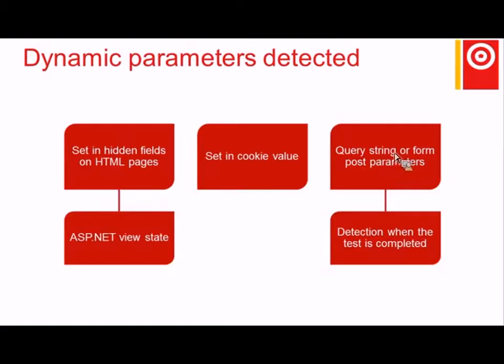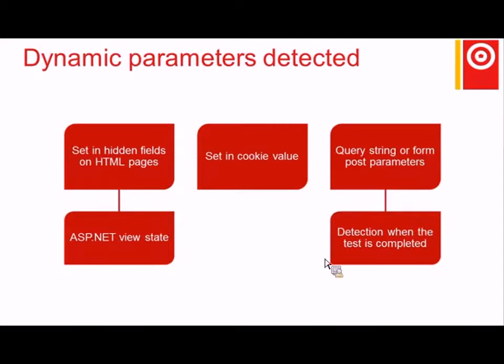Basically, like I said, hidden fields are detected at runtime. Cookies are all handled at runtime, and query string and form post parameters are detected at the end of recording a test or when you click the detect dynamic parameters button.